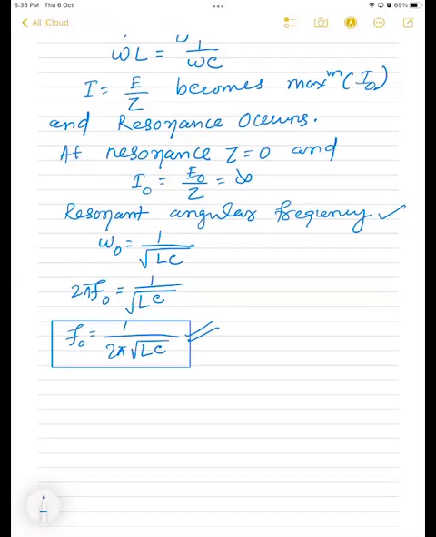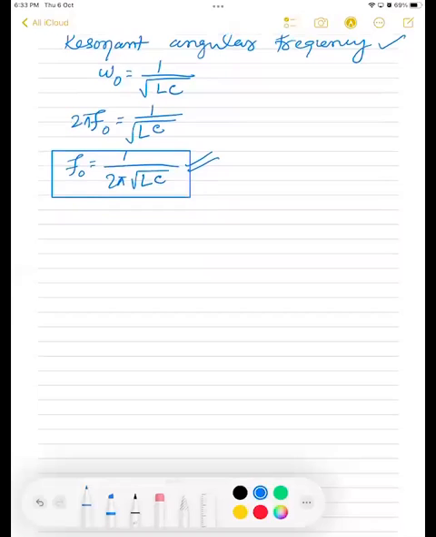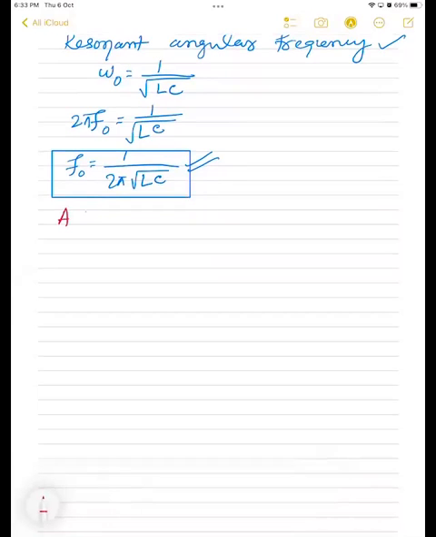Okay, fine. Then let's go to AC through LCR series circuit, right? Give heading AC through LCR series circuit.